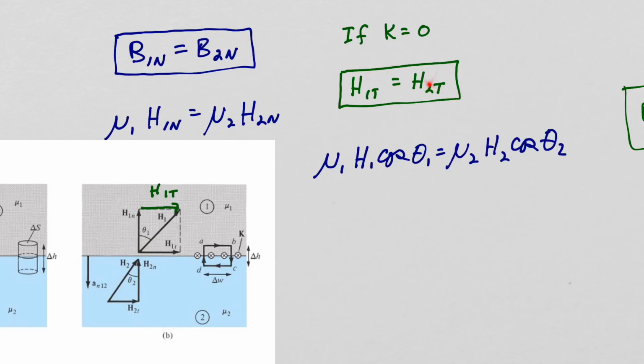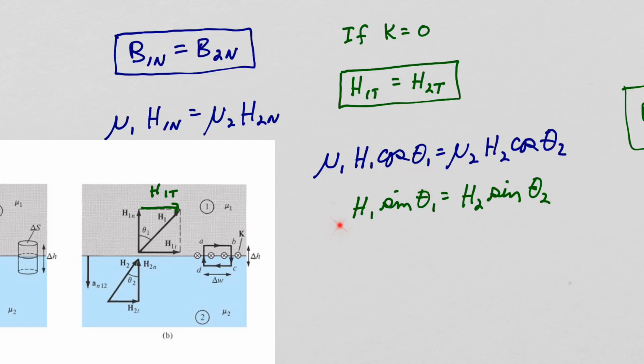In this equation, we can rewrite H sub 1 tangential as H sub 1 times the sine of theta sub 1. We can rewrite H sub 2 tangential as H sub 2 times the sine of theta sub 2.